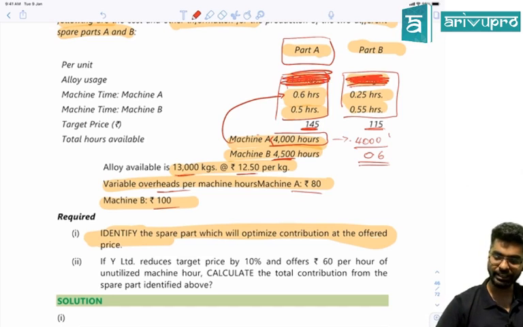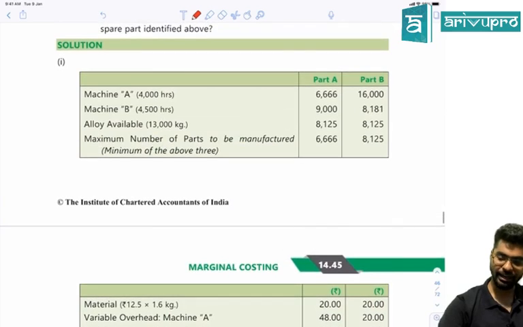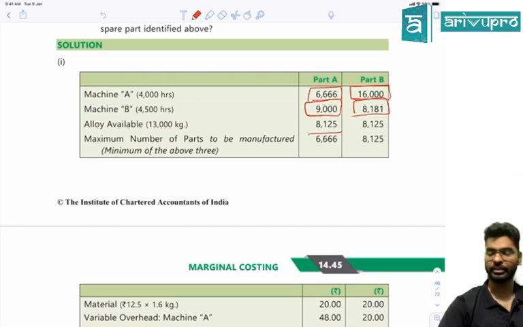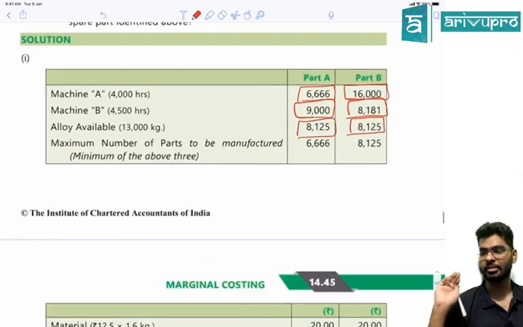So if I'm taking 0.6 hours for 4000 hours, see here, I can produce 6666, and part B I can produce 16,000. Machine B I can produce 9,000. This I can produce 8181. Guys, anyone has any doubt how I got all of these numbers?